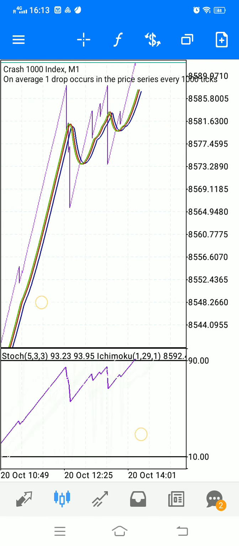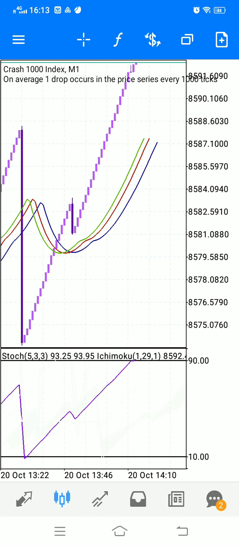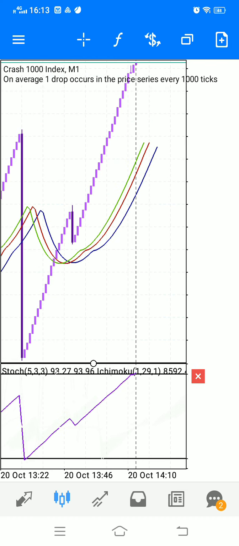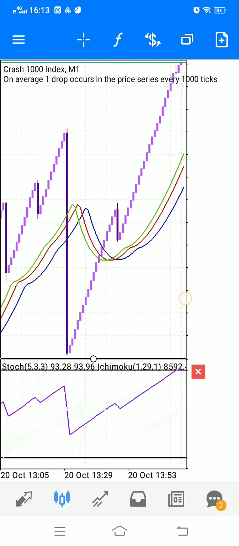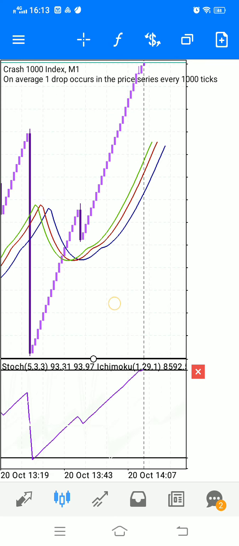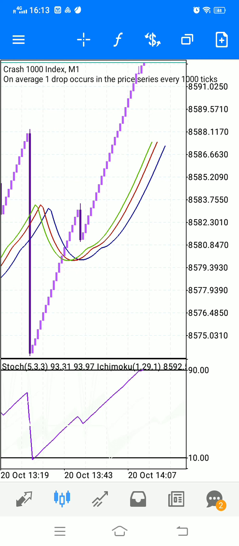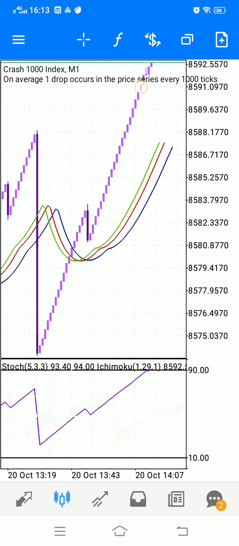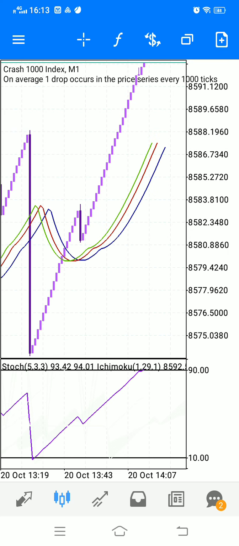Then I zoom 1, 2. That's the zoom level. If you click and hold on your chart, my chart is not all the way over there, it's right under the E. Over here you can see the E in series, where it says on average 1 drop occurs in price series. So just here under the E, that is where my chart is. That is where I line my chart up.